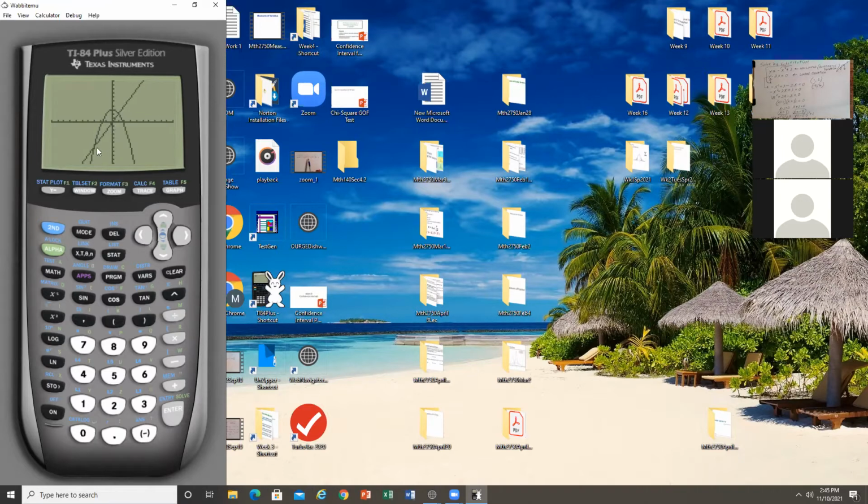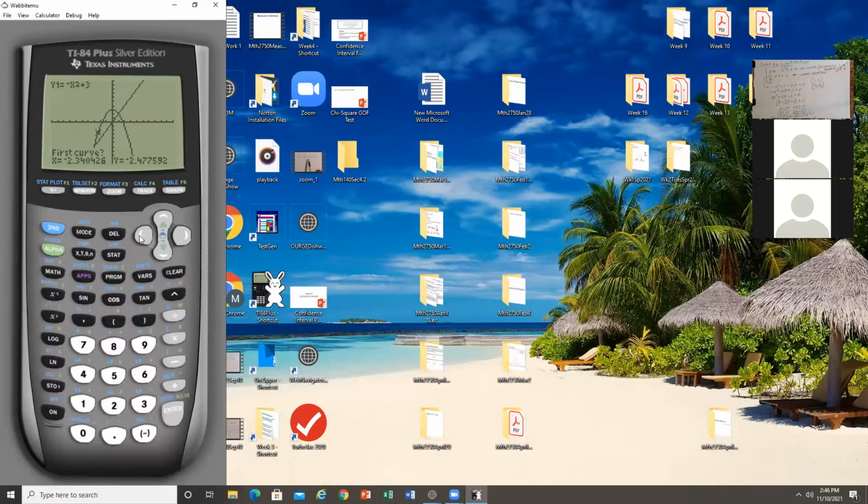Ladies and gentlemen, let's find these two points of intersection here. To do that, we go to calculate. Second trace takes us into calculate. Go down to the intersect function and grab it. Now to find the left point of intersection, I'm going to move my cursor in the vicinity of that point of intersection.